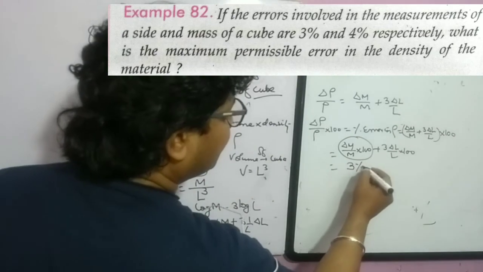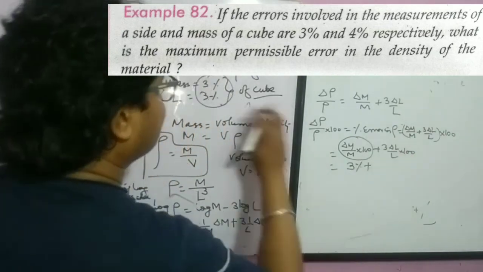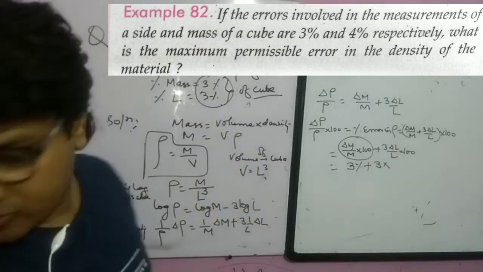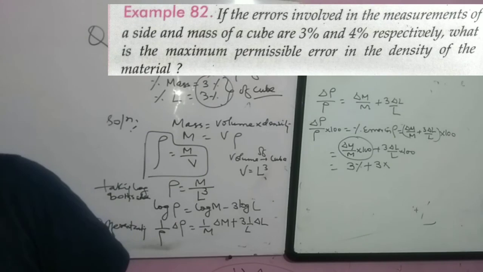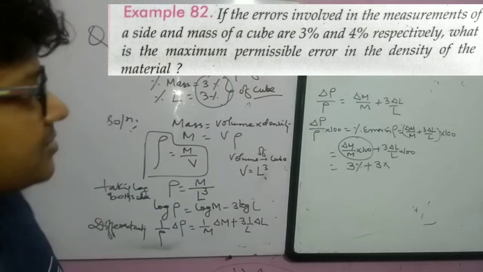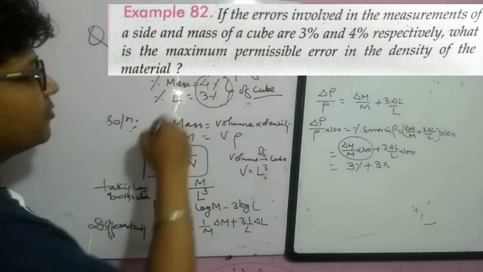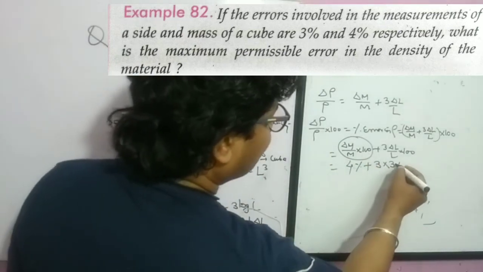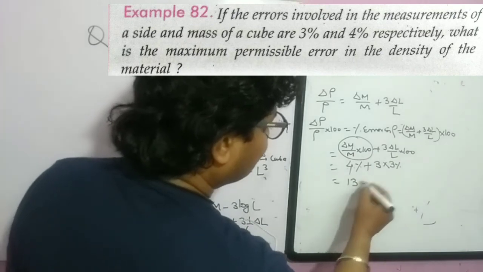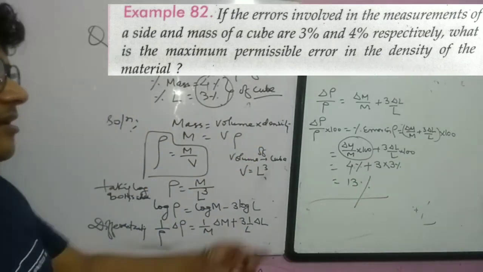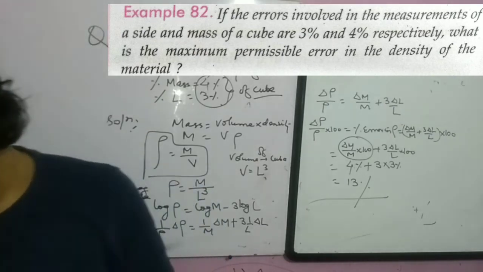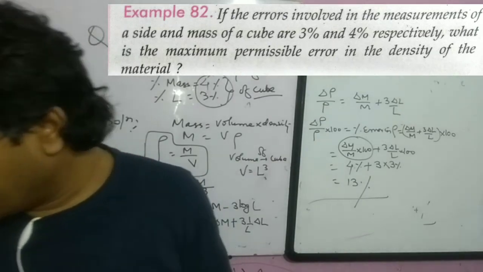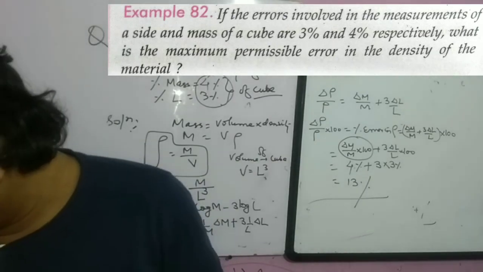Mass is 4%, side is 3%. So this is 4% and this is 3 into 3%, so this will be equal to 13%. So the error in density is equal to 13%, right? This is a very simple problem, right? One or two more problems we can solve.